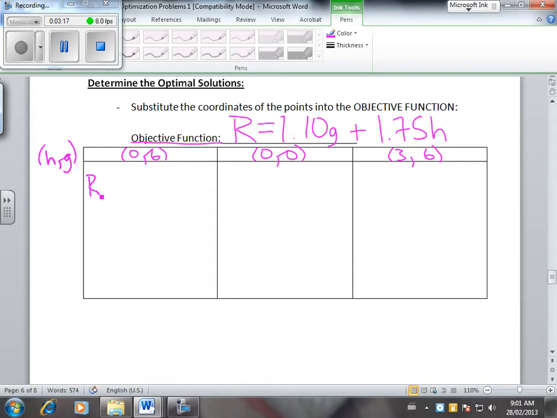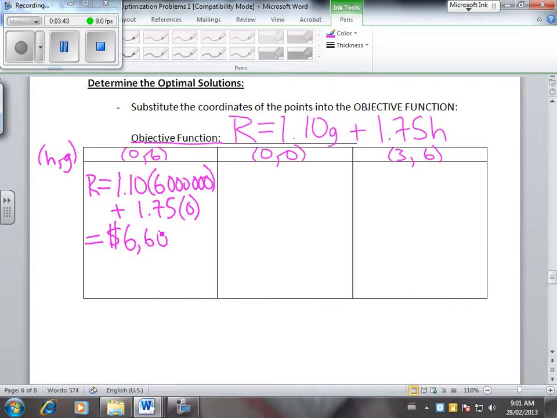So if we go R equals 1.10 times 6 million, because remember that we were in millions, plus 1.75 times 0. And that would give us a revenue of, in dollars, since revenue is in dollars, 6.6 million.